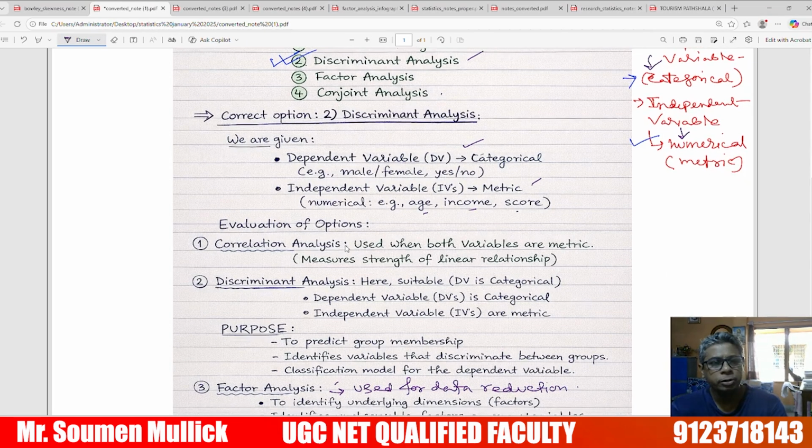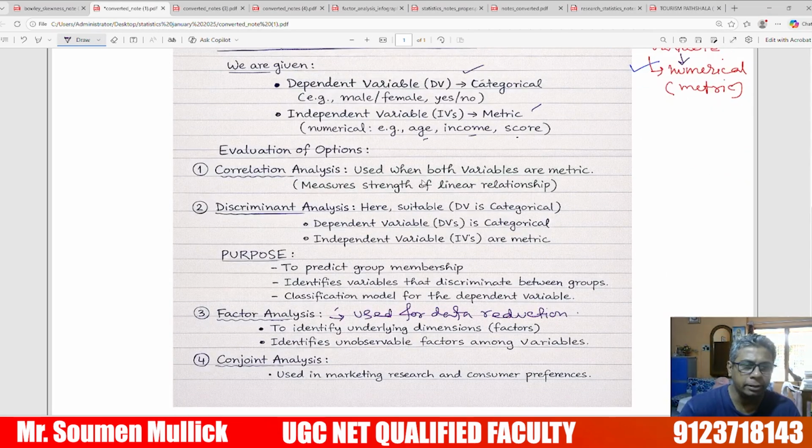Now the evaluation of the options. The first statement: used when both variables are metric, to measure the strength of linear relationship. If both variables are metric, meaning numerical, it measures the strength of relationship. That is correlation analysis, where both variables are metric.